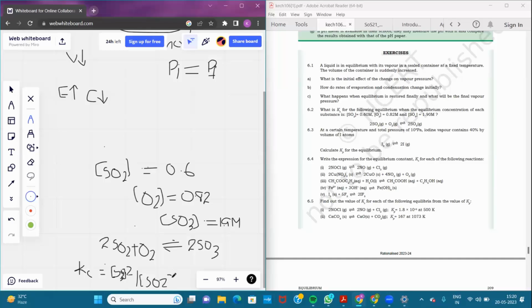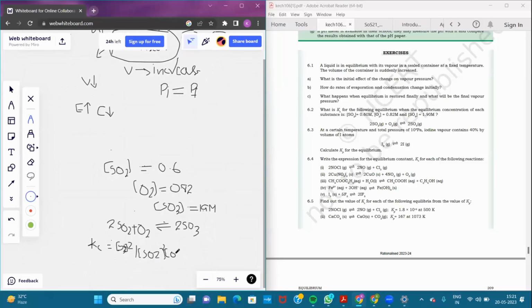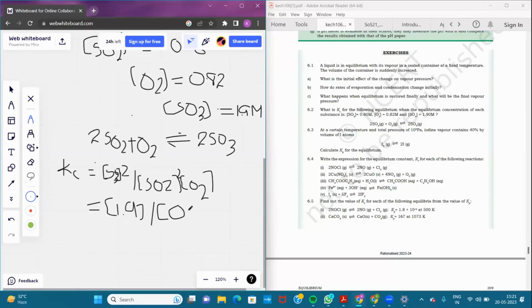The stoichiometric coefficient of SO2 is 2, and O2 is 1. By substituting the values here, this is 1.9. SO2 concentration is 0.6. Sorry, I forgot the stoichiometric coefficient here. As well as the concentration of O2 is given as 0.82.